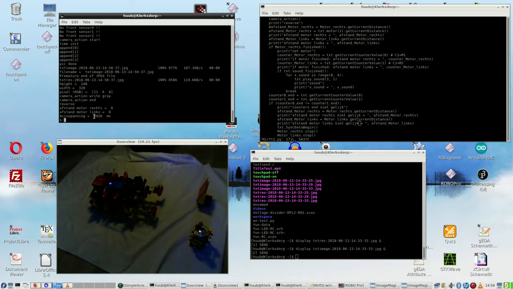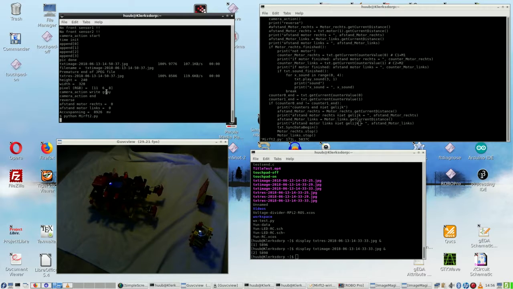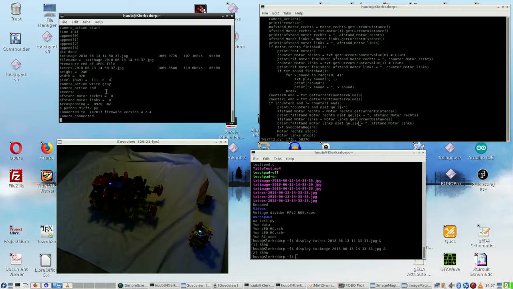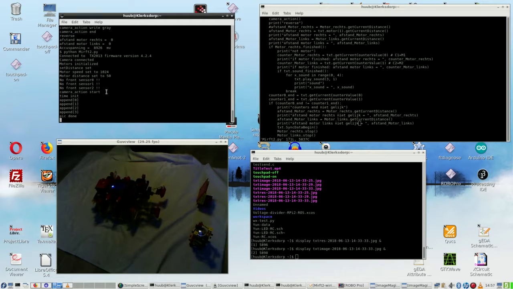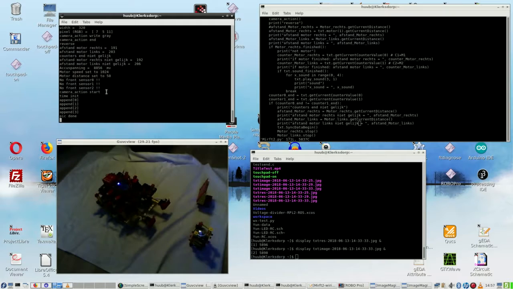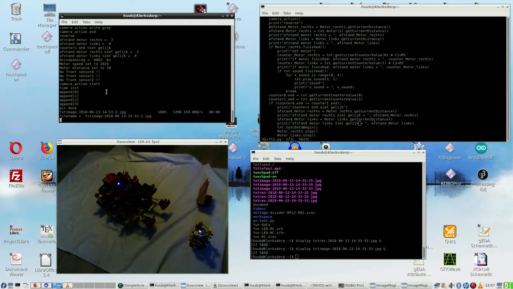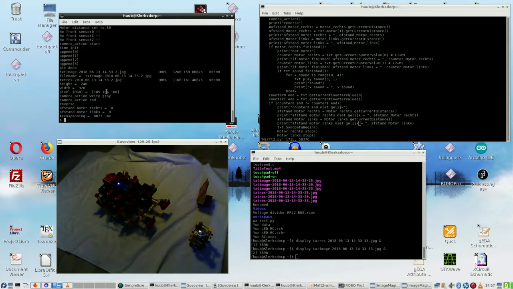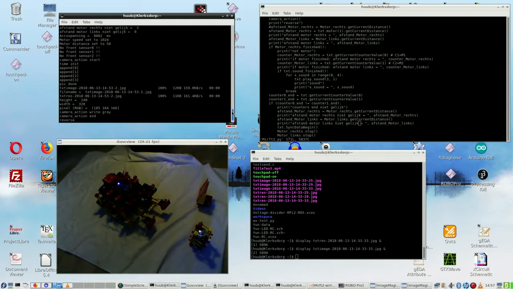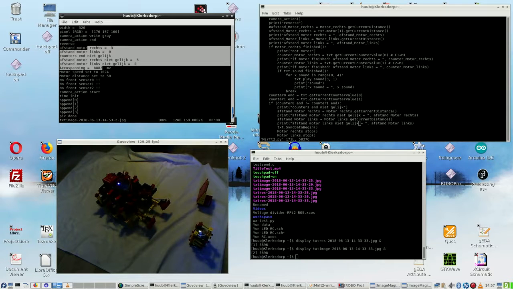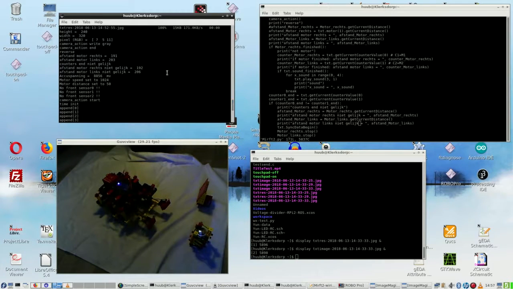So let's do another one. The voltage has dropped a bit, but way above limit. It moves very good. Oh, 3 and 0, and 0 and 0. 3, 0. Okay, what else? Going back.